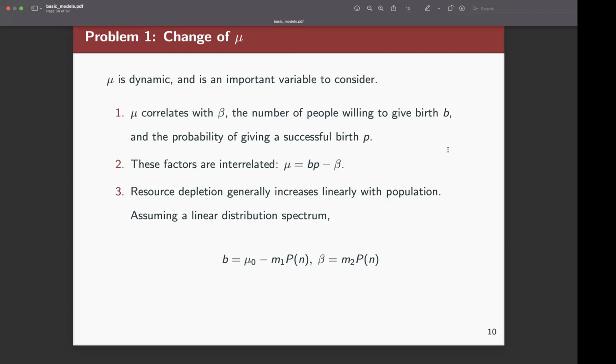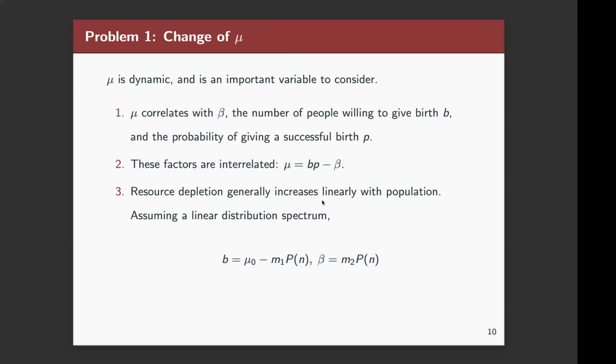Now, okay, let's consider P first. Let's say if P changes, that means the probability of giving a successful birth is going to change. So how does that happen? I think one of the main factors is if suddenly there is a widespread pandemic or disease, and suddenly all the newborn babies die after they're born.